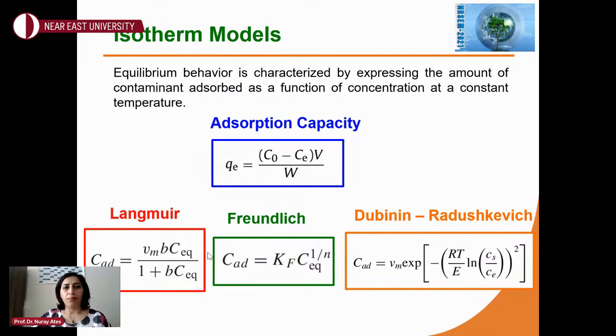The equilibrium is used to compare the adsorption of different contaminants. Up to date, 15 different isotherm models have been developed. The definition of the isotherm model is that the equilibrium behavior is characterized by expressing the amount of contaminant adsorbed as a function of concentration at a constant temperature.